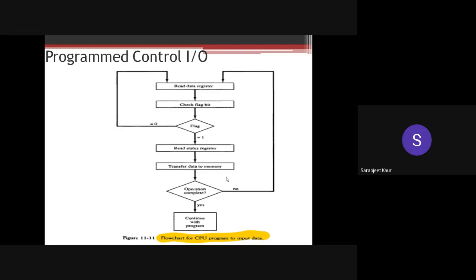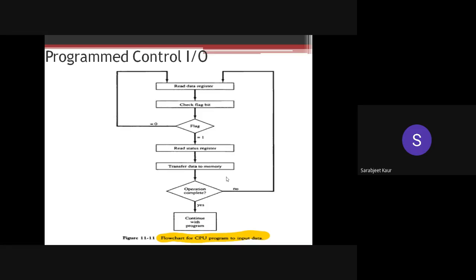The processor leaves all other jobs, doesn't do anything else, and only gets stuck doing the program controlled IO. It only keeps on executing the instructions of the IO program.